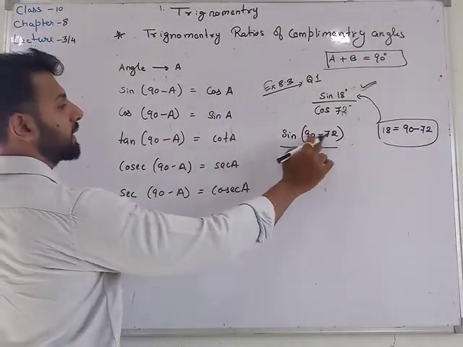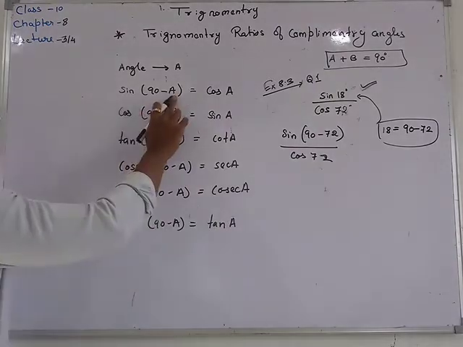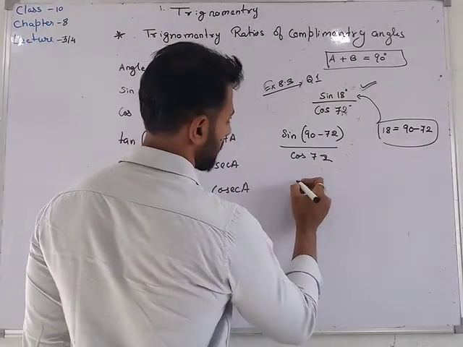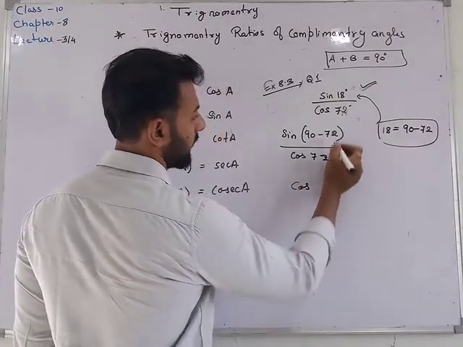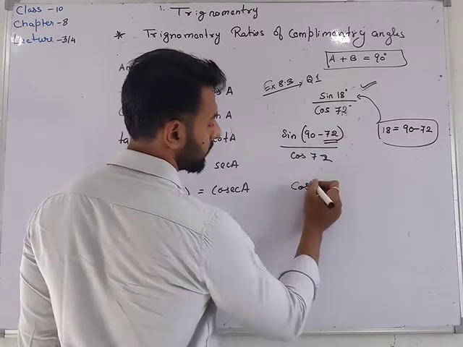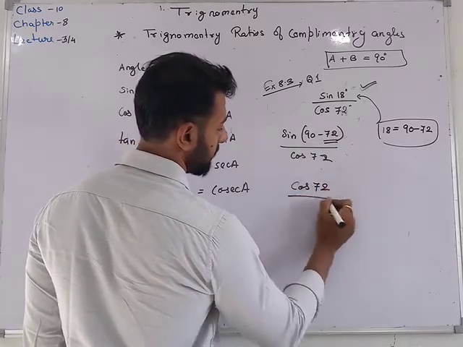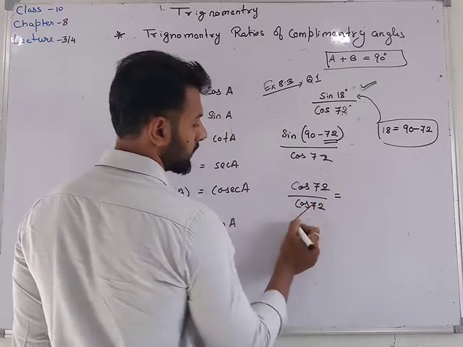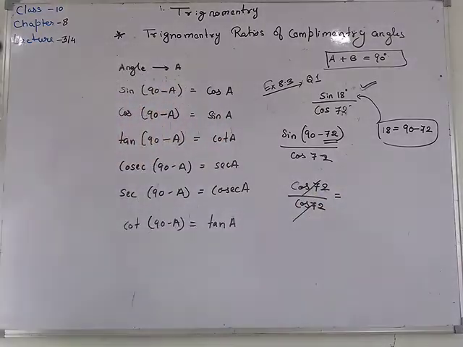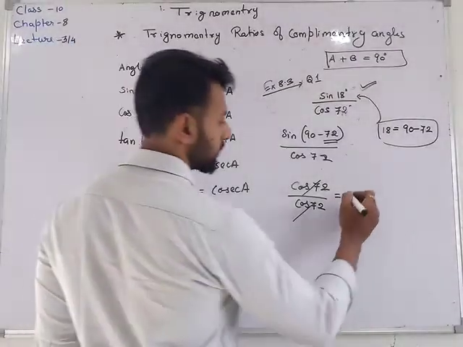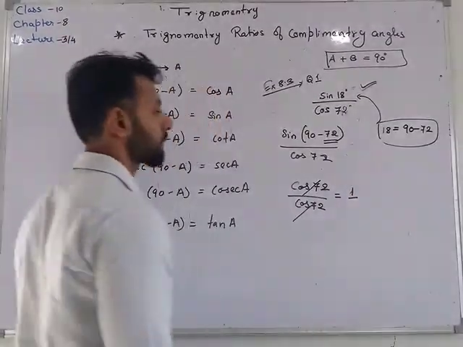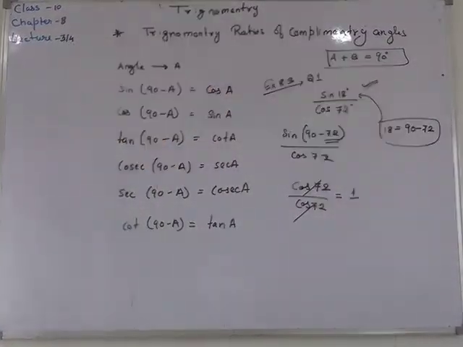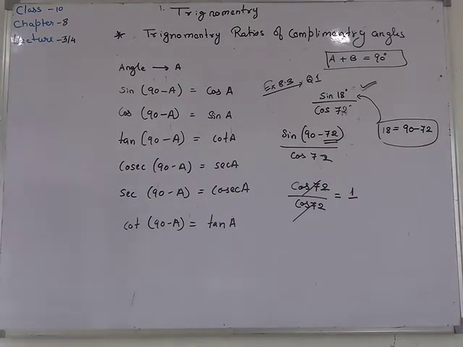Sin 90 minus A is cos A, where A is 72, so it is cos 72 upon cos 72. This cancels out and the answer is 1. In this manner we have to solve the question.